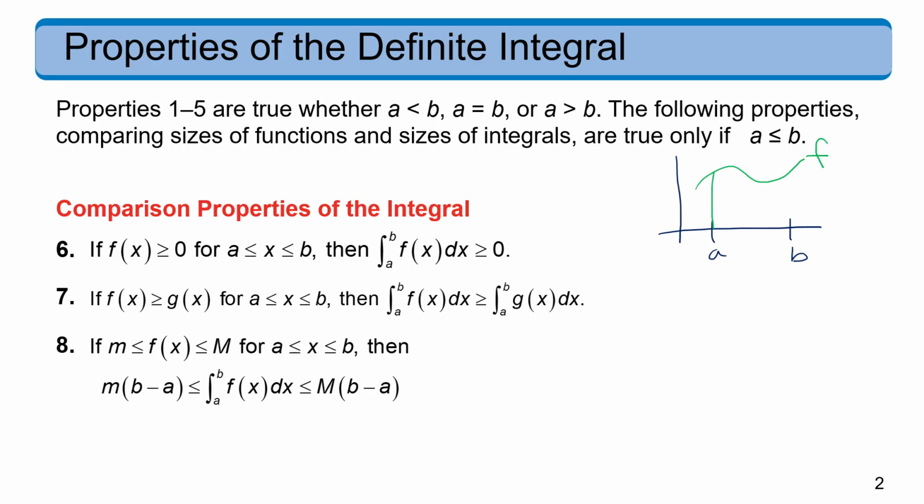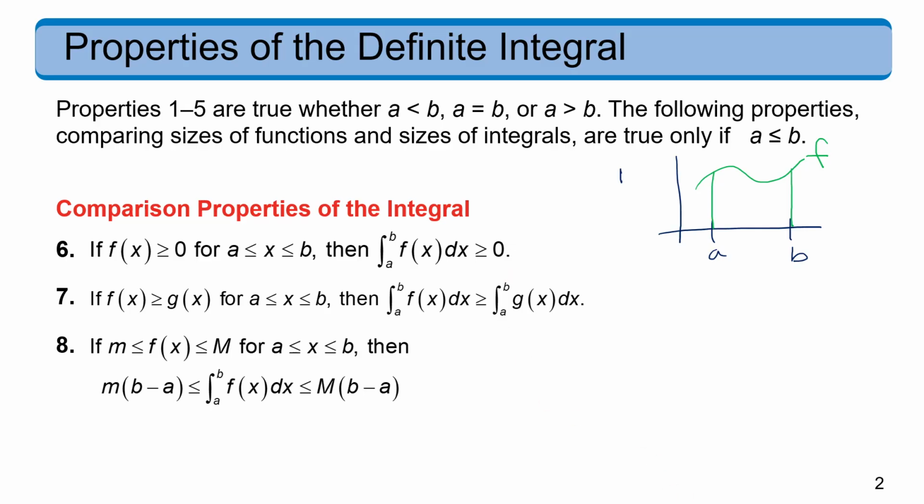So if we sketch the region down to the x-axis below that curve, it would be this region here. Notice because it's above the x-axis, in terms of areas, the integral counts that area as positive. And there are no negative regions to be counted as negative towards the integral. So under the assumption that f is 0 or bigger, it must be the case that the integral of f is also 0 or bigger.